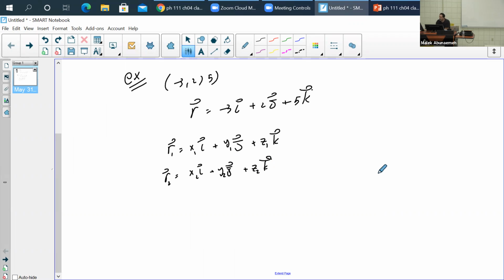Now, remember we defined delta before as the difference. If you have delta x, the delta is going to be your final minus your initial, x2 minus x1, or x final minus x initial. So let's do delta of our position r. This is going to equal what? Your second vector minus R1.